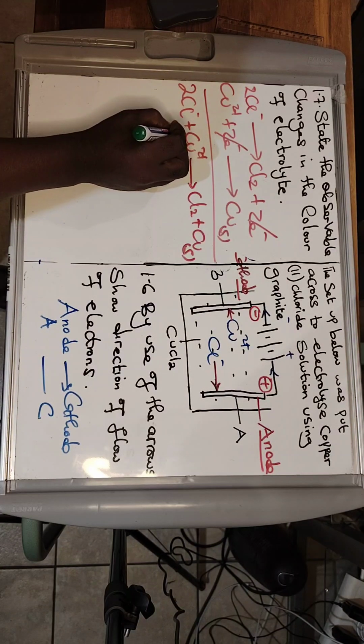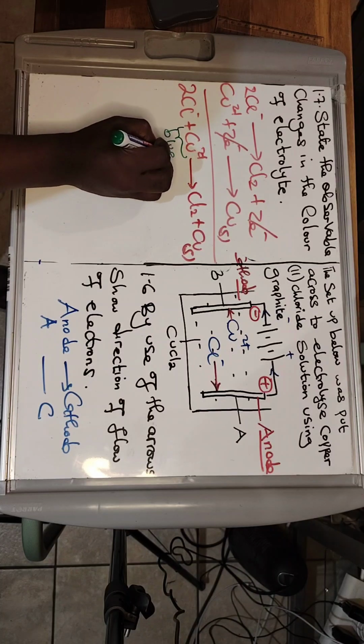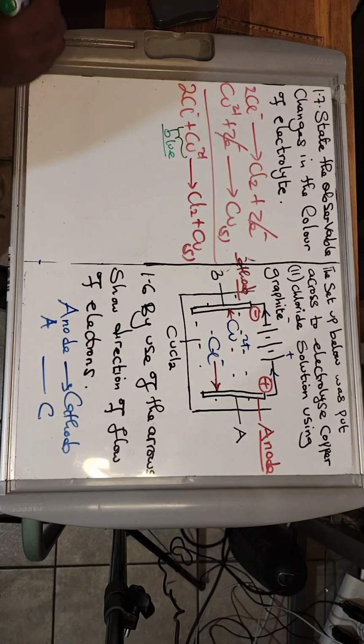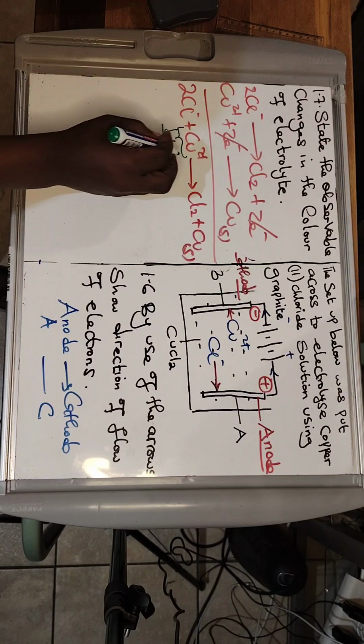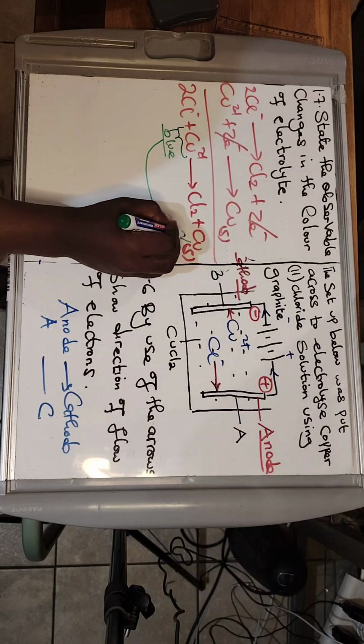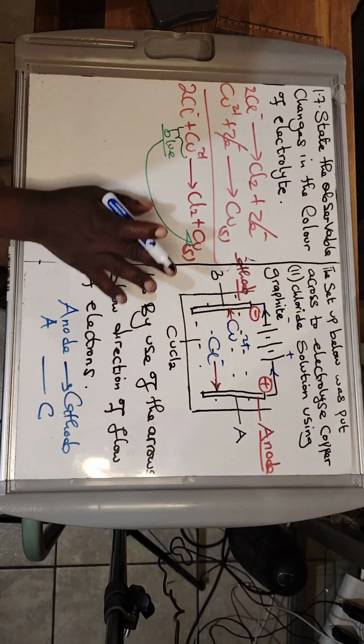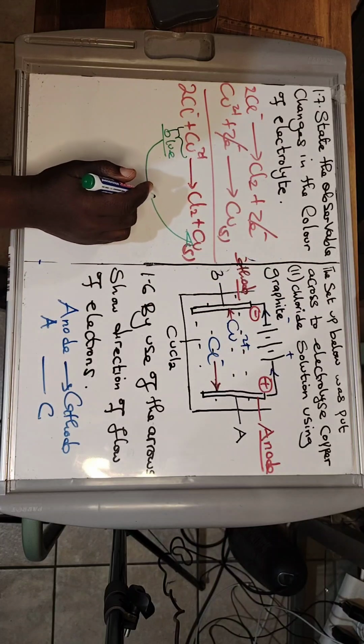Let us look at here. These ions here, they are blue in color. And what do we see? These ions here are turning into copper solid which is deposited, not even remaining in the solution but deposited.